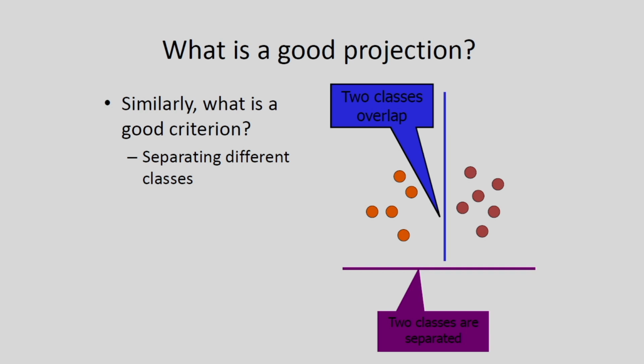Now let us consider what is a good projection. Here in this figure you can see I am considering two classes, and I want to find a good projection. If I consider the blue projection line, there may be overlapping of the samples of different classes, so the two classes are not well separated. But if I consider the second projection, these two classes will be well separated.